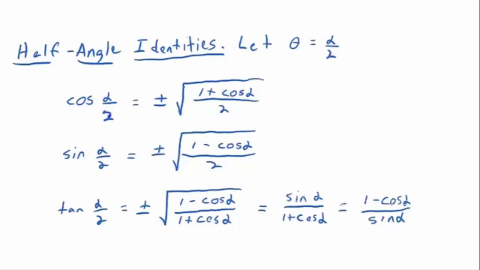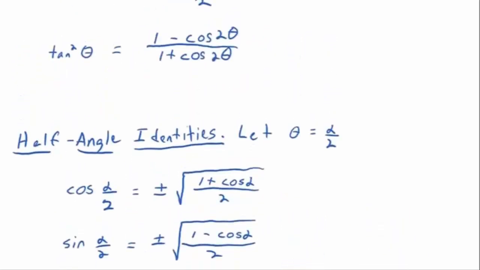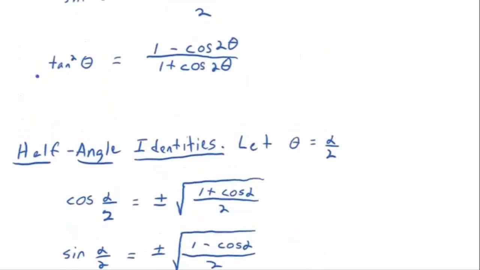So cosine alpha over 2 is plus or minus the square root of 1 plus cosine alpha over 2. Sine alpha over 2 is equal to plus or minus the square root of 1 minus cosine alpha over 2. And then tangent alpha over 2 is equal to plus or minus the square root of 1 minus cosine alpha all over 1 plus cosine alpha. So for tangent, you can see where we got that first identity from.